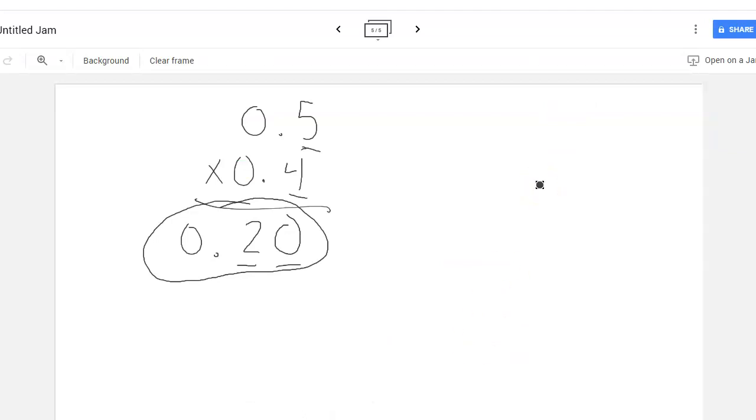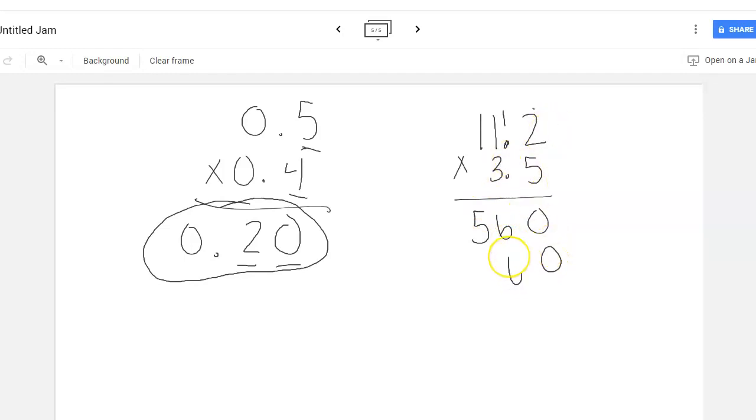Now, a different way of doing that would just be multiplying out. So I'm going to take 11.2 times 3.5.